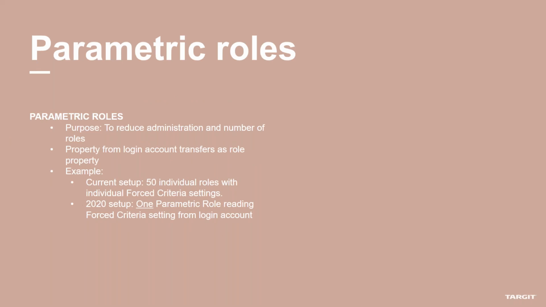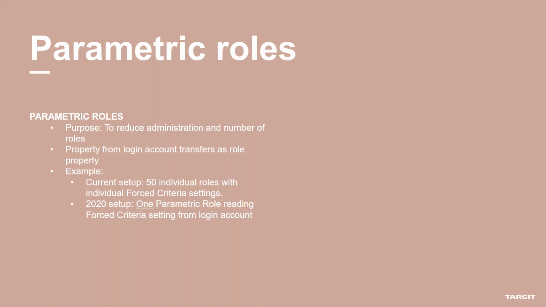But the idea with these parametric roles is generally to reduce the administration and number of roles. Right now, you may have one role per person. Maybe you have a lot of different departments, and you want to make sure that each head of the department will only be able to see their own data from their own department.